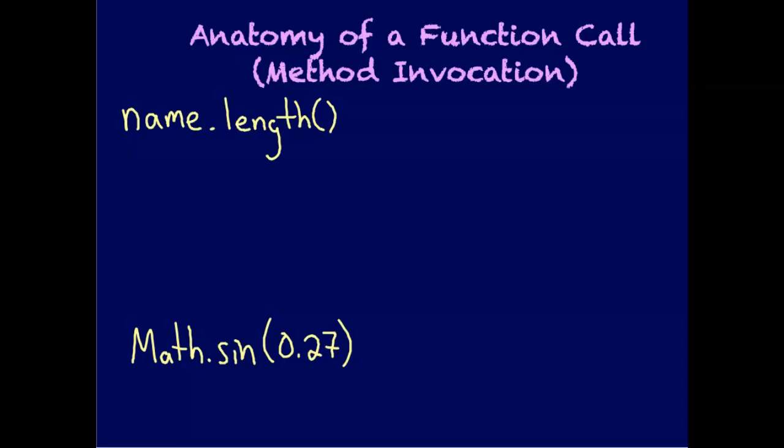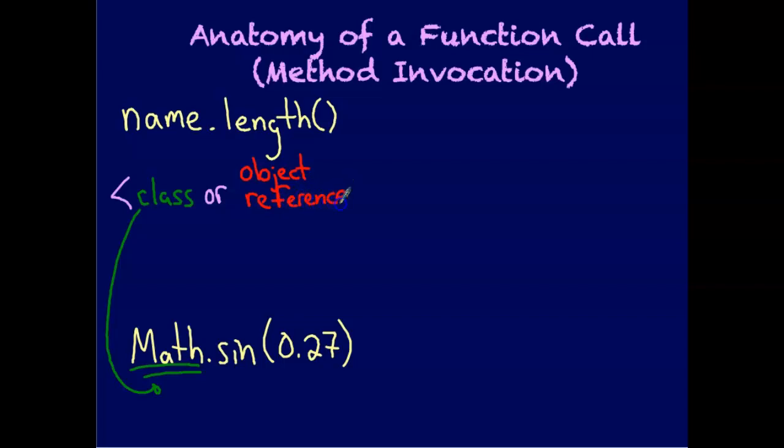What we've got in both cases is we begin with either a class, which is this math class example, or an object reference, which is the case in the name.length example. Name here is the object reference.